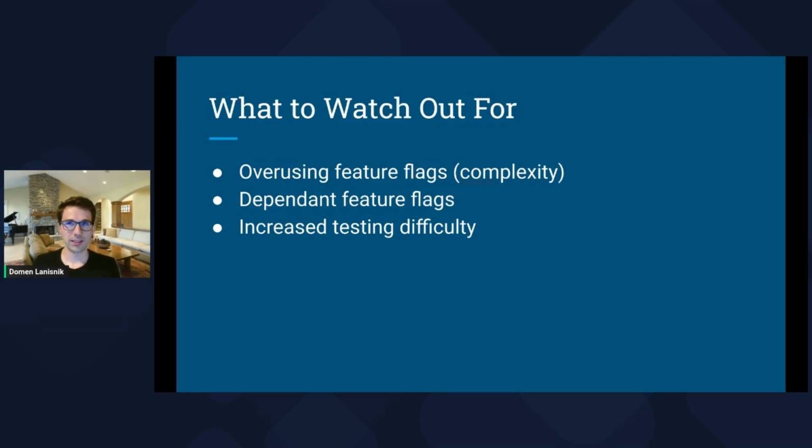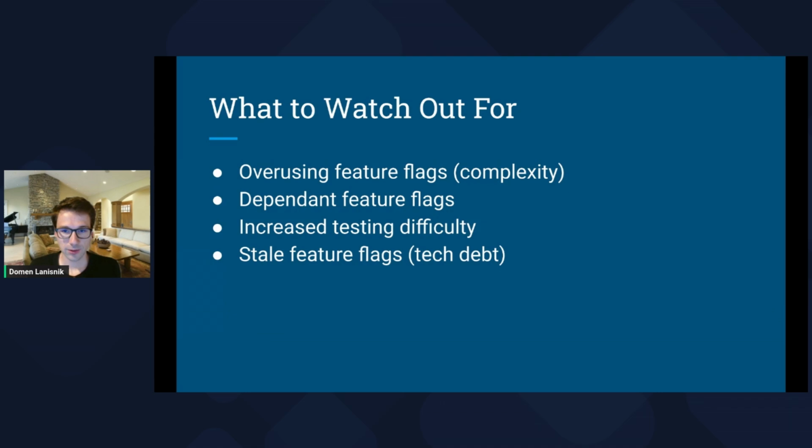This means that you will have to write two tests for every feature flag, because you want to test the case where the feature flag is disabled and also when it's enabled, right? And if you have dependent feature flags, then this also increases the number of tests that you need to write to cover every scenario.